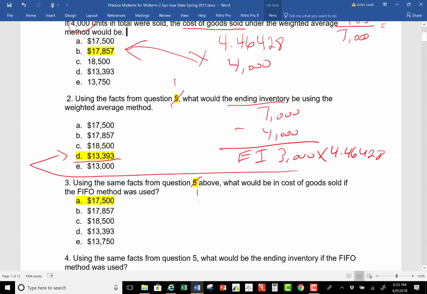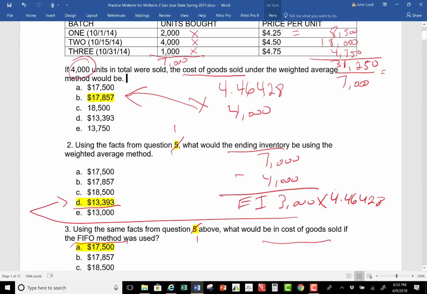Okay, but question 1. What if we use the FIFO method for our cost of goods sold? That means first in, first out. So to get the 4,000 units that we sold, I would have to do 2,000 units times the batch 1 425 ones.